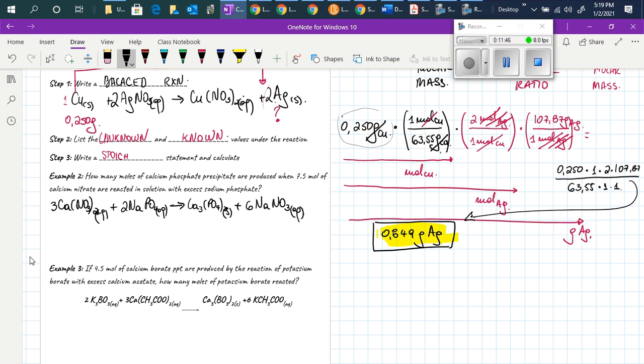Okay, so now what is given here is a number of moles of calcium nitrate.